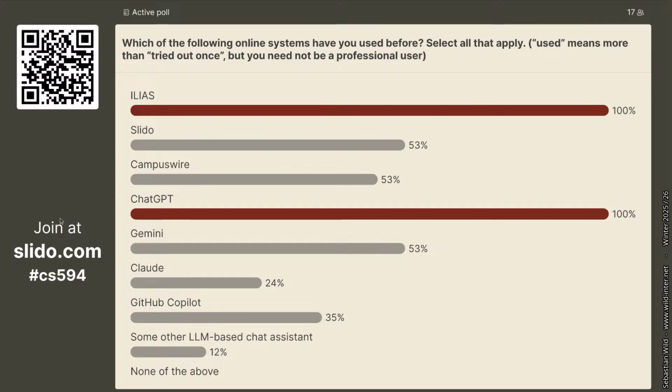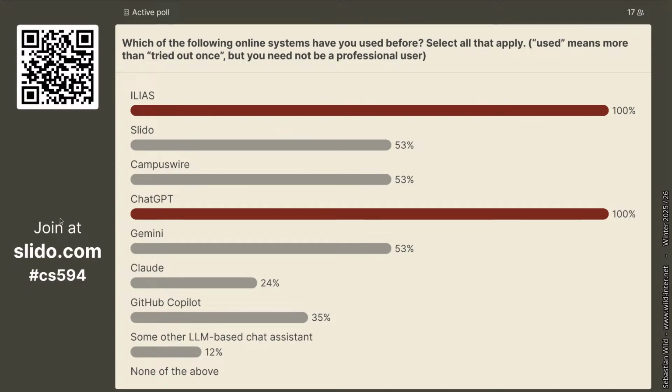So 16 might roughly be the number, 17. So people are well aware of Elias. That's good. Everyone has used it. Would you know about the meeting today, the lecture, if you haven't seen it on Elias? I guess you can see it on Marvin. The Elias is not needed.